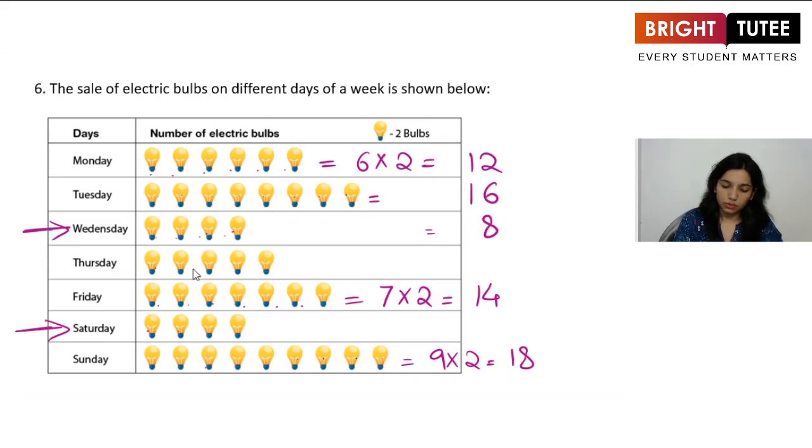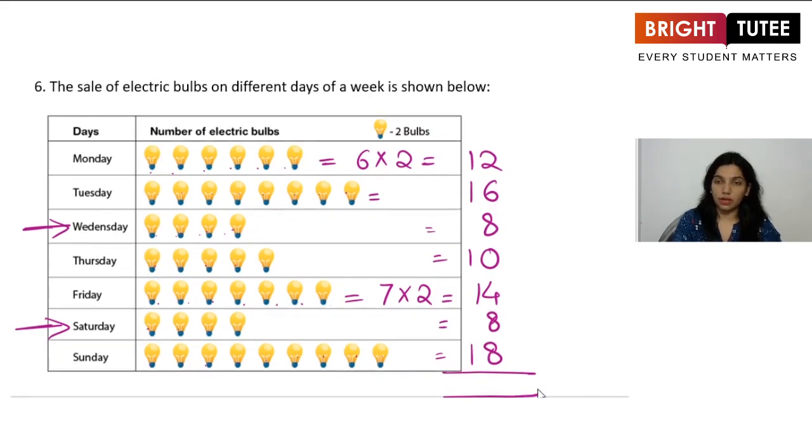Then here it is 1, 2, 3, 4, 5. 5 times 2 is 10. Here it is 14 and here it is 4 again, so that is 8. And the last one is 9 times 2, it is 18. Let us find the total of this. 2 plus 6 is 8.